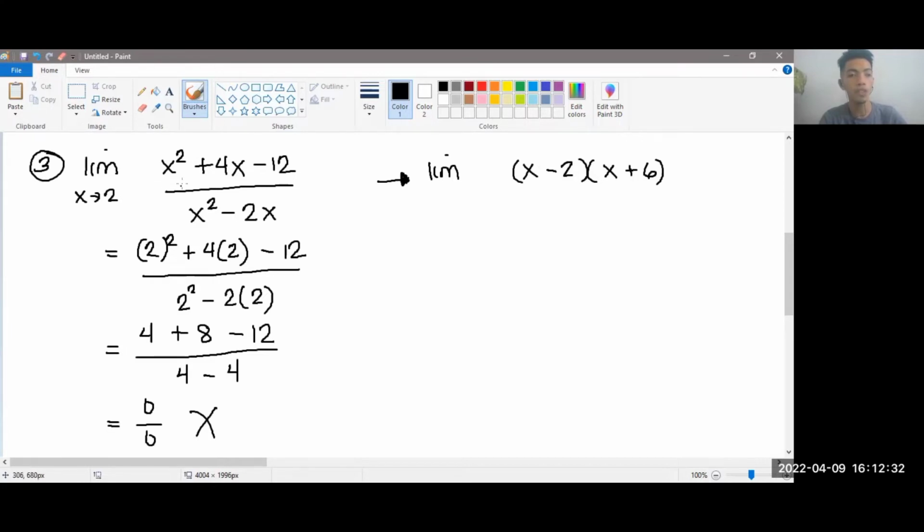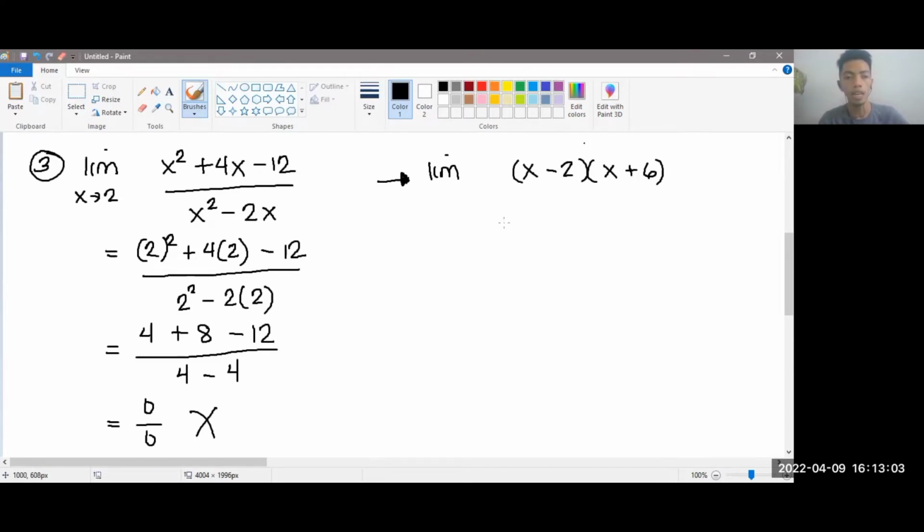Pina-factor natin yung first term, x times x, and then pina-factor natin yung negative 12, as long as the factors of negative 12 give a sum of 4. We can say that negative 2 and positive 6 will give the sum of 4. So, ang ating factor will be x minus 2 times x plus 6.